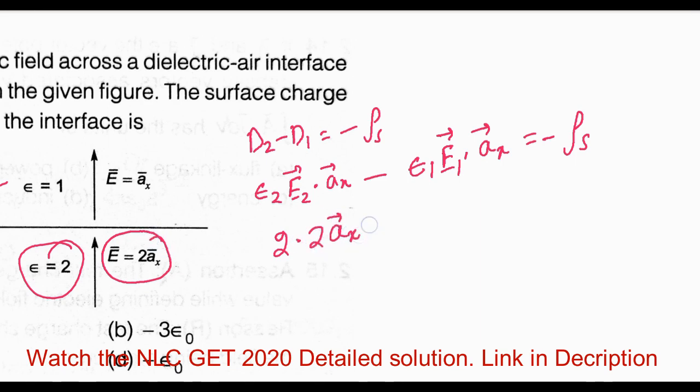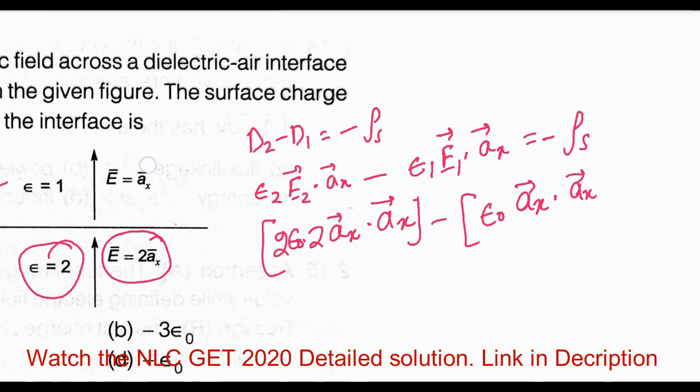E2 is equal to 2 a x vector, dot a x, minus epsilon naught a x dot a x, because here E1 is equal to 1 into a x. This is equal to rho s.